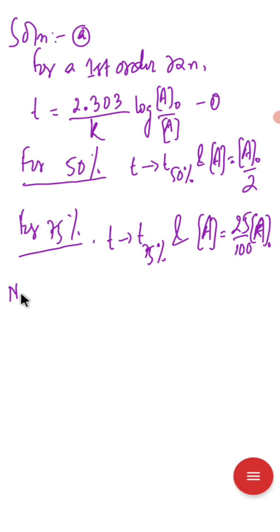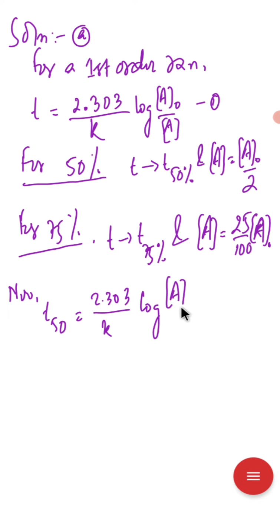Now let me write this for 50%. T50% is equal to 2.303 divided by k log of A naught by, instead of A, I need to write A naught by 2 for 50% completion of the reaction, because this is T50%, right?